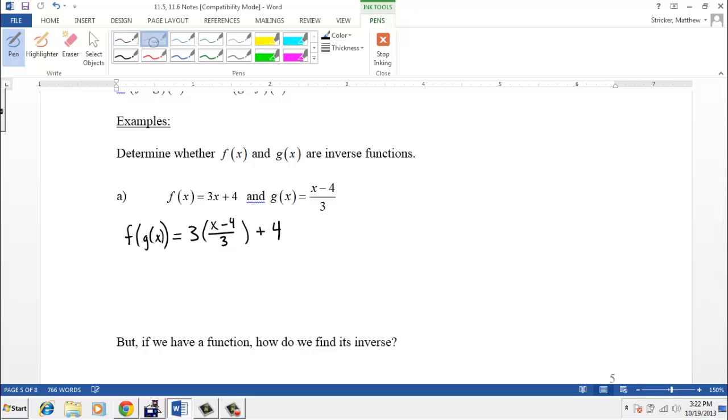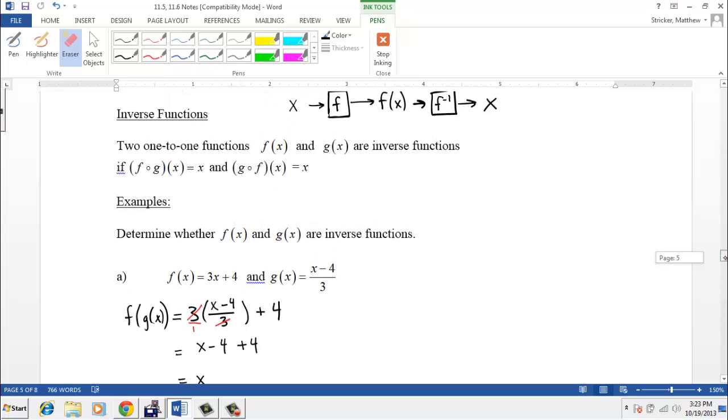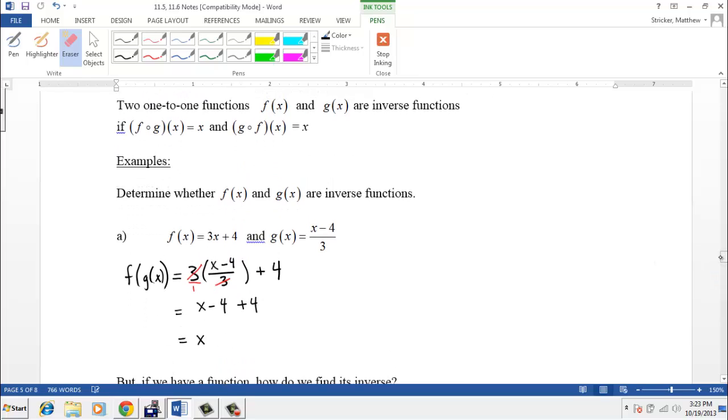Well, what happens when we try to simplify this, if we treat this like 3 over 1, then the 3's cancel, and we're left with x minus 4 plus 4, which is just x. Notice this was what we said should happen if they are inverse functions. We said that right here, f of g of x should equal x.